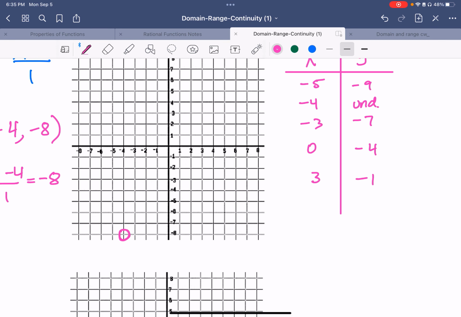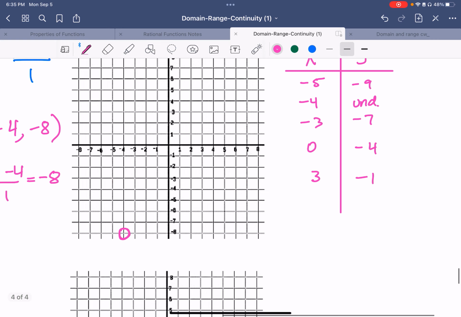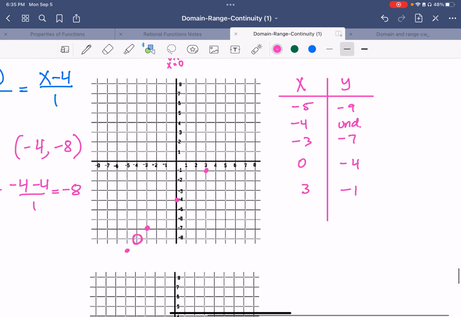Negative 5, negative 9 is somewhere like down here. Negative 3, negative 7. They're just random, you guys. I just picked random points from the table. There's no reason. Just didn't want to pick a bunch of them and put a bunch of points on my paper.